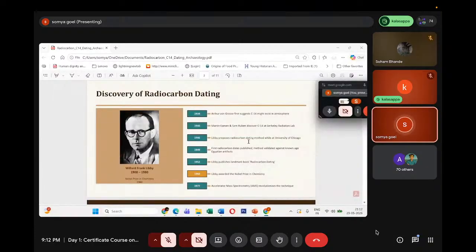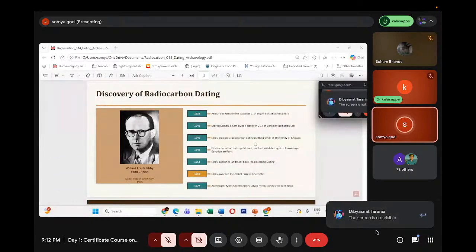But he proposed radiocarbon dating. What he observed was that every living organism continuously exchanges carbon with the atmosphere. They do this by breathing, or by photosynthesis, or by eating: living organisms, plants, animals, humans, everyone.